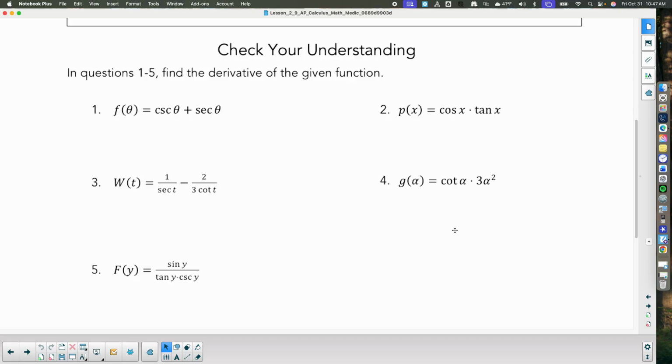First one, derivative of adding derivatives. Good. The plus sign means you do them separately. So the derivative of cosecant is negative cosecant x cotangent x. Good. And secant x. I didn't hear you say the derivative of the secant.